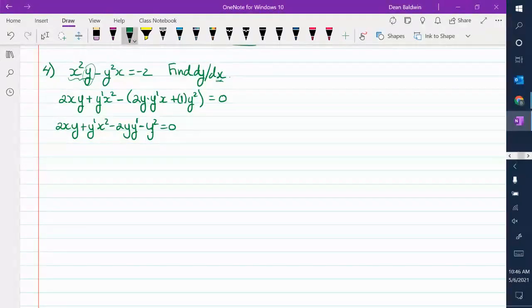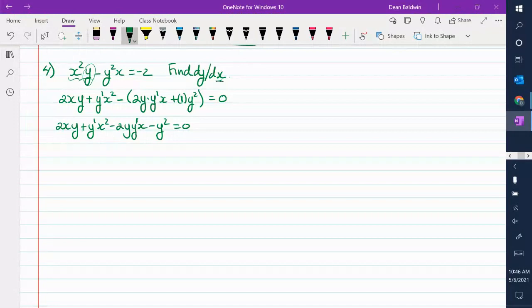Anything that doesn't have a y prime or dy dx, depending on how you write it, has to go to the other side. Where did I forget the x? Oh, right there, from that one. x minus y squared is equal to 0.